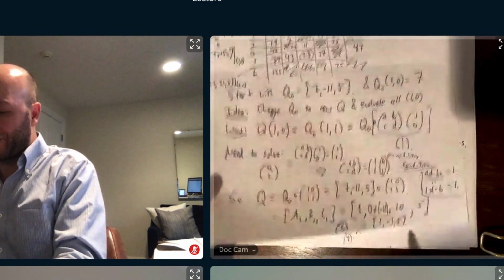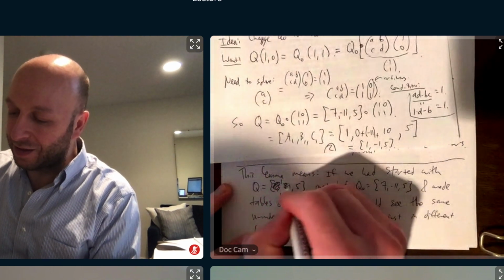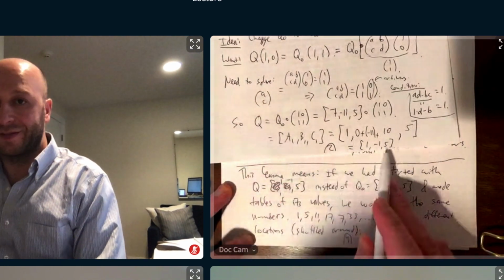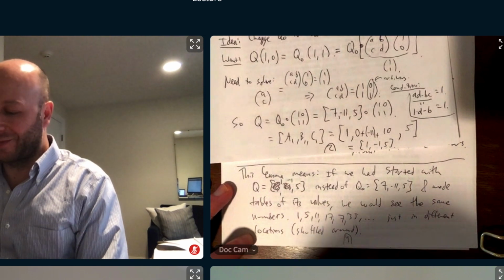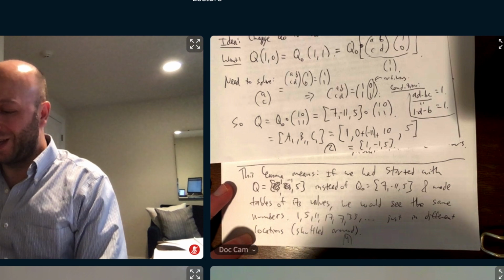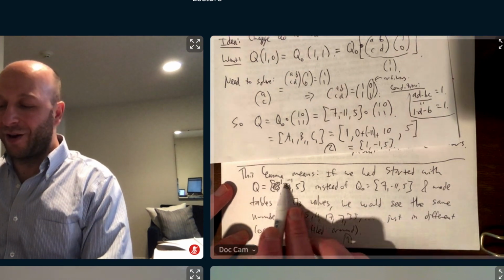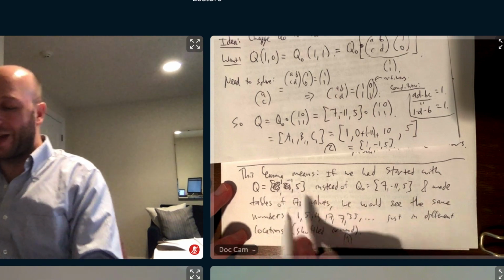So let's use that form instead. I don't think it's going to be that hard to make a table of these values.